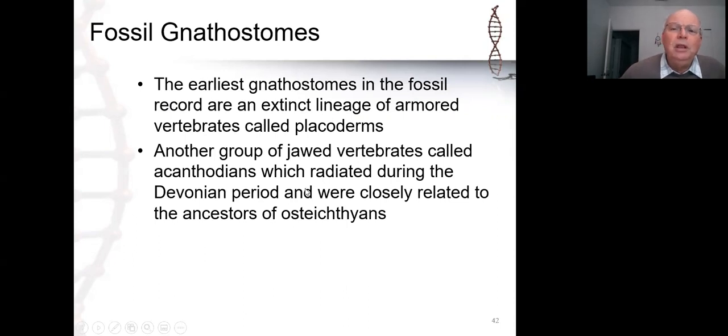So when we look at the fossil evidence for jawed vertebrates, there are some pretty impressive jawed vertebrates that show extensive mineralization both internally and externally.